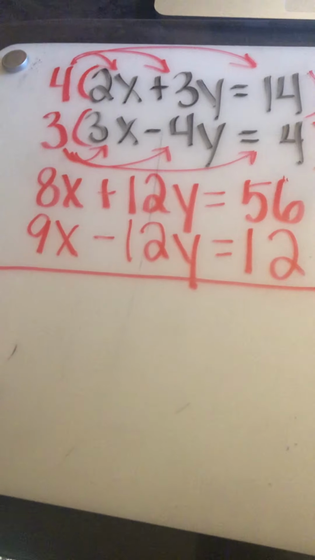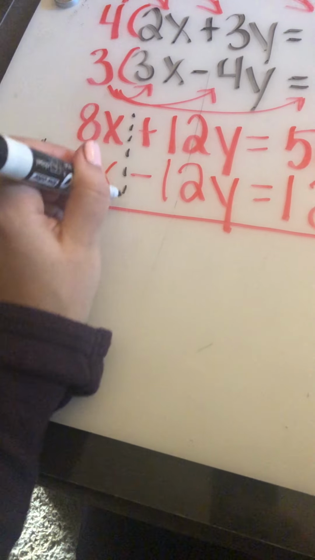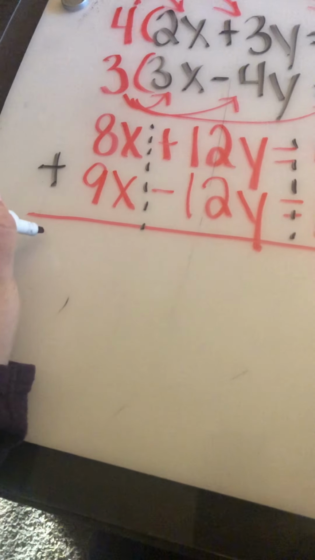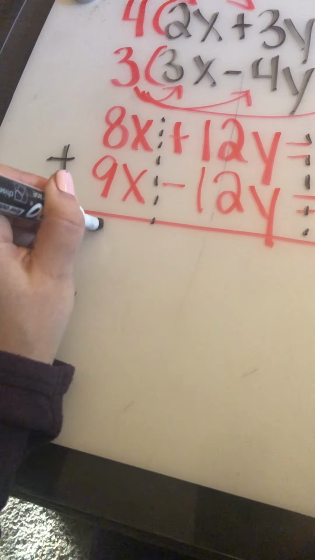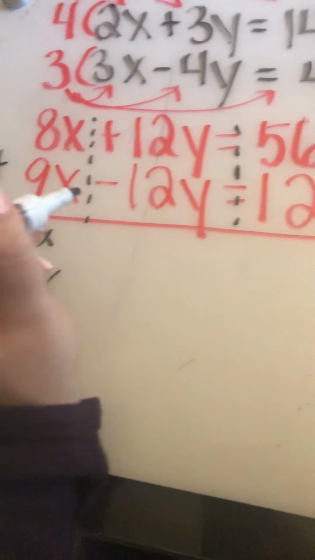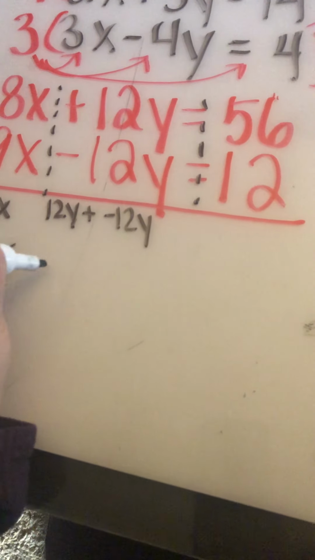And now that it's set up, we can use our addition elimination method. Put my lines. Okay, so we do 8x plus 9x. 8x plus 9x equals 17x. Okay, 12y plus negative 12y gives us 0, so our y's eliminate.